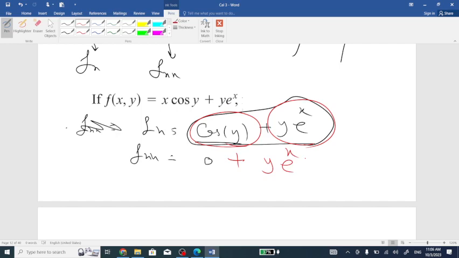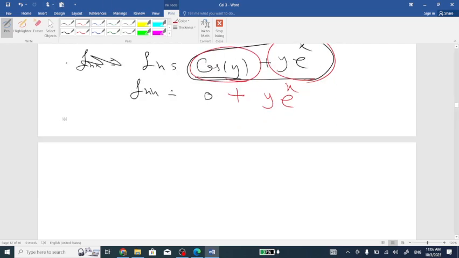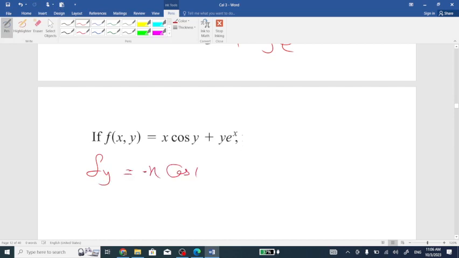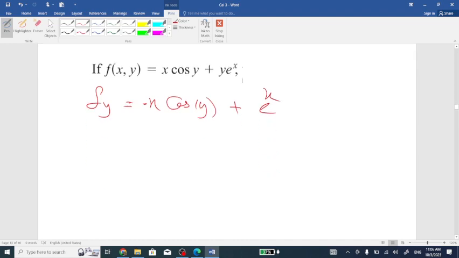Now find fy. Yalla jamaat. Find fy. x is a number, cosine will be minus sine, plus... Can you imagine why? e to the x is a number, derivative by y equal to 0.